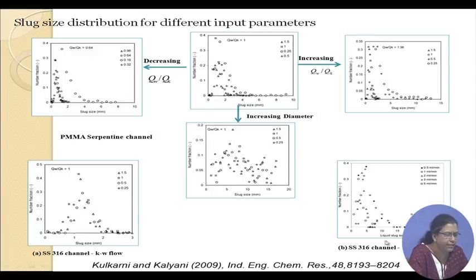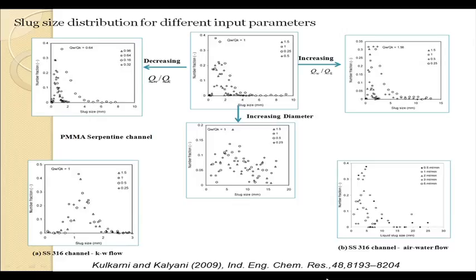And one more thing, if we are working with stainless steel conduits, we find that the general slug size is smaller as compared to the PMMA conduit. This is something very interesting. I should note that these stainless steel channels are comparatively more hydrophilic as compared to PMMA channels, and the slug sizes are smaller because the wetting characteristics strongly influence the slug size.